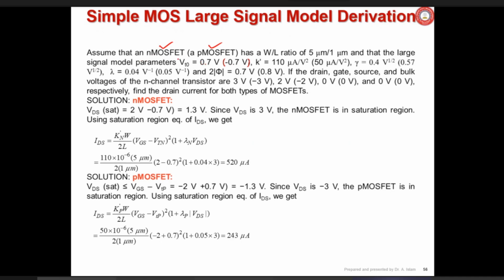So assume that an N MOSFET or a P MOSFET has a W/L ratio of 5 micrometer by 1 micrometer, and that the large signal model parameters VT0. VT0 means what?